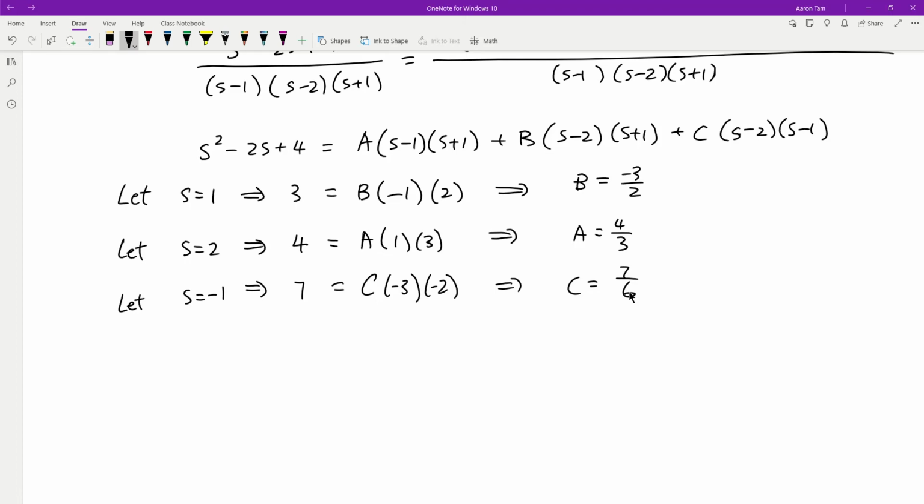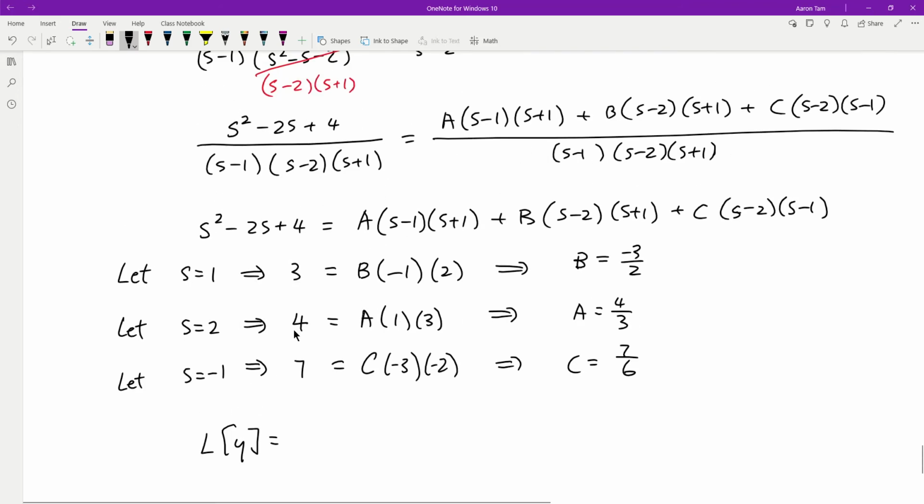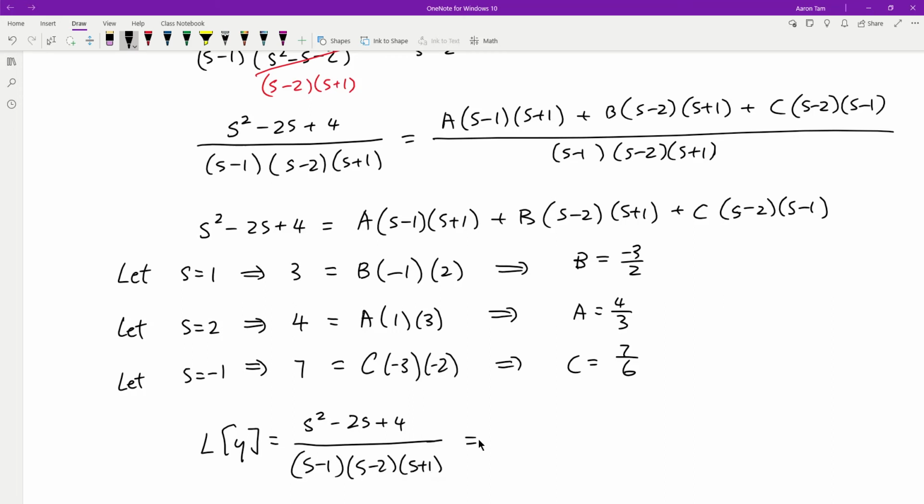And so what does that tell me? That tells me that our Laplace transform, L of y, which was equal to this massive fraction before, s squared minus 2s plus 4 over s minus 1, s minus 2, s plus 1, is actually equal to the following.